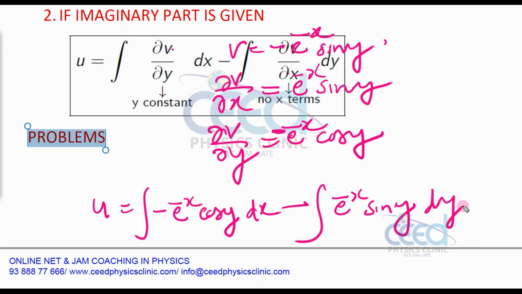Now here we can take this e raised to minus x with respect to dx, y term you can take as a constant. So minus cos y I can take out, right?